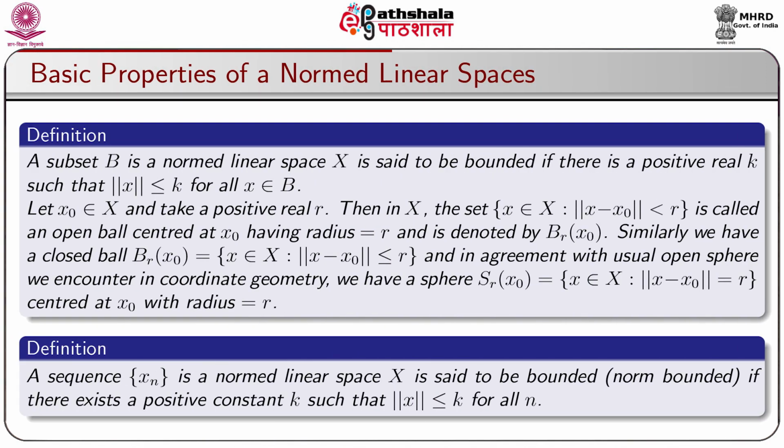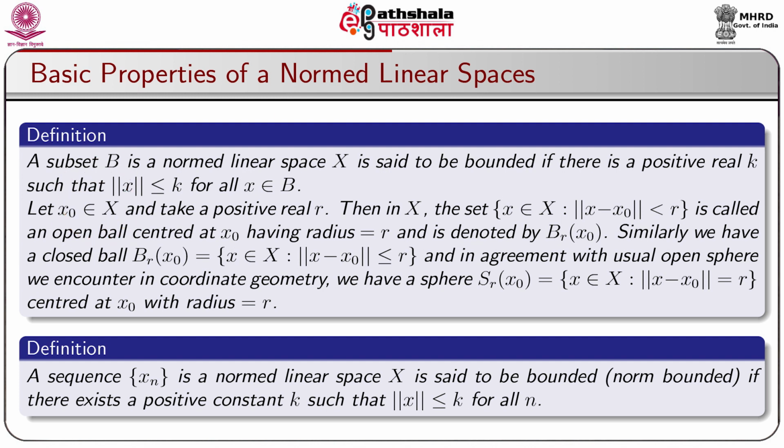A subset B in a normed linear space X is said to be bounded if there is a positive real k such that norm of x is less than or equal to k for all x belonging to B. Let x naught belong to X and R be a positive real.